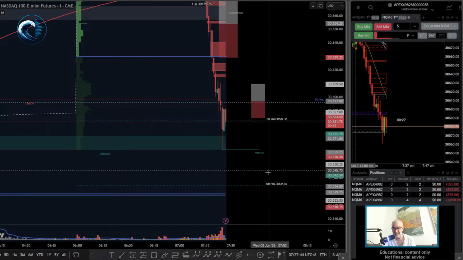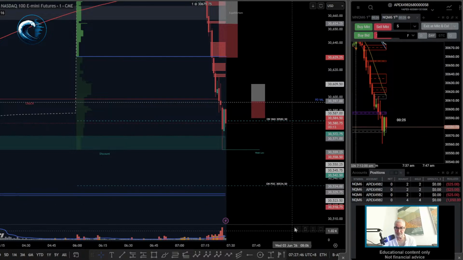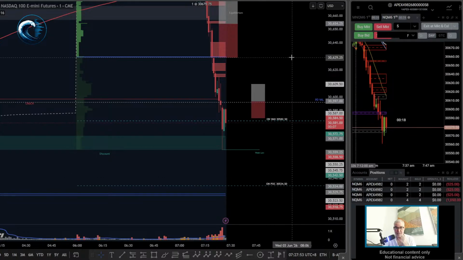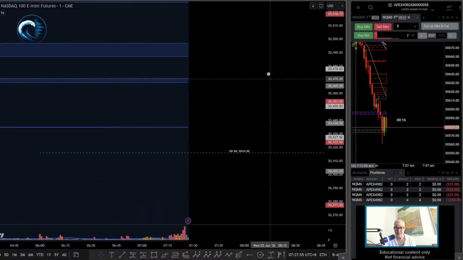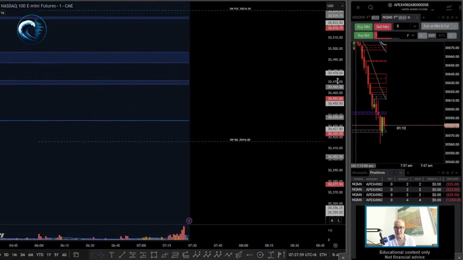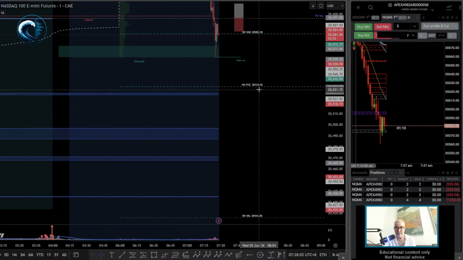When I say whilst this is here, I think the aim is to sweep this at least before it decides if it wants to go back up or come back down and do a total sweep of the overnights from yesterday.